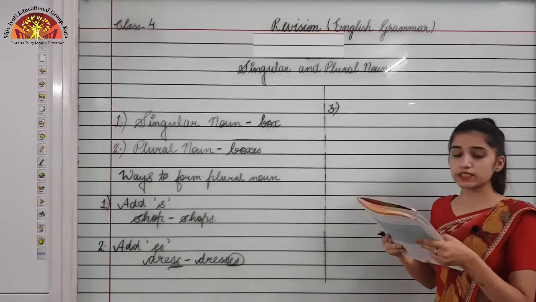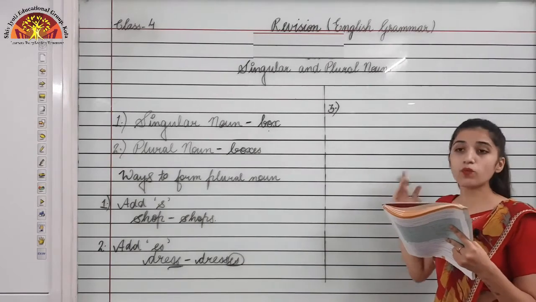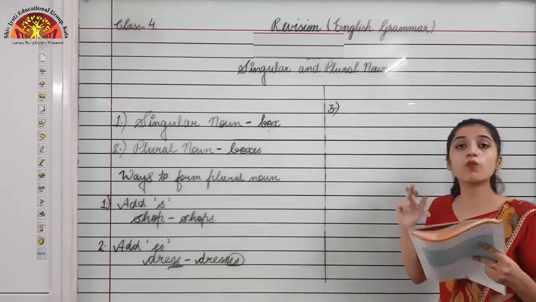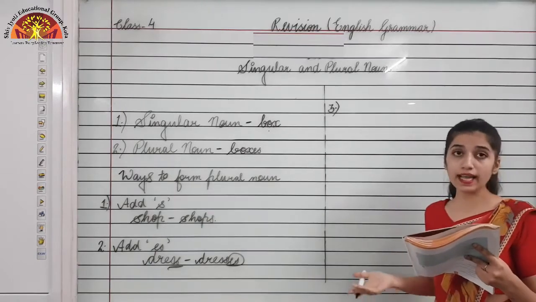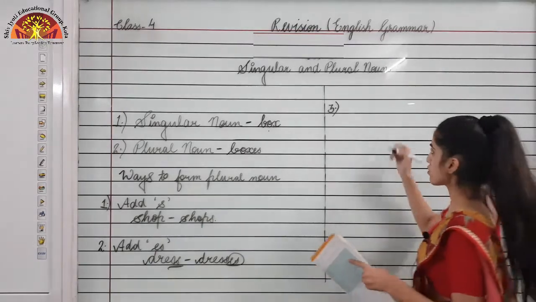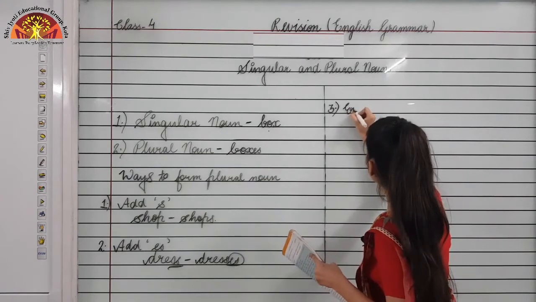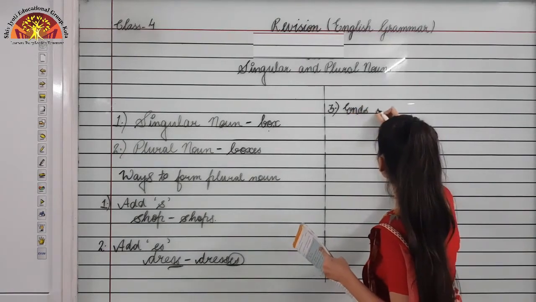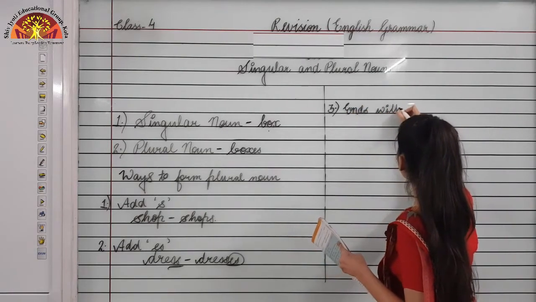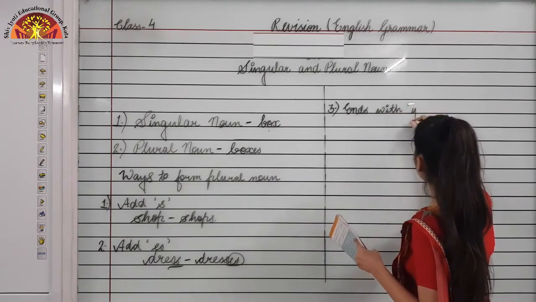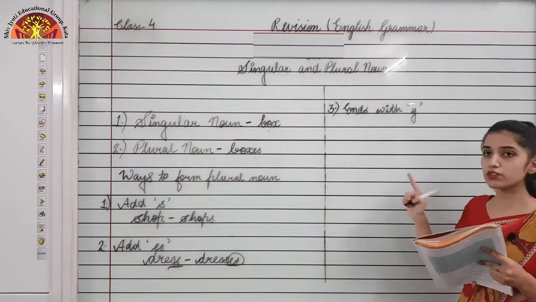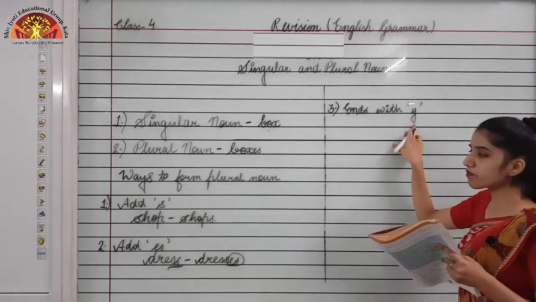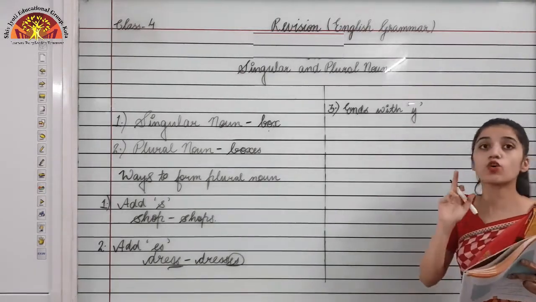Rule number third is if the noun ends in y and the letter before the y is a consonant, change the y into i and add es. So if the noun ends with y, the first thing you need to do is see if before y there is a consonant.